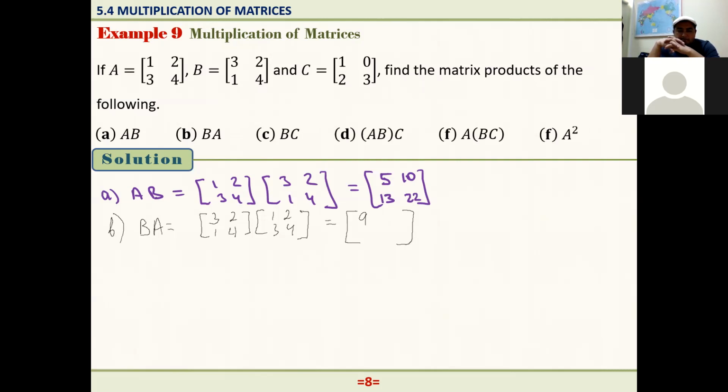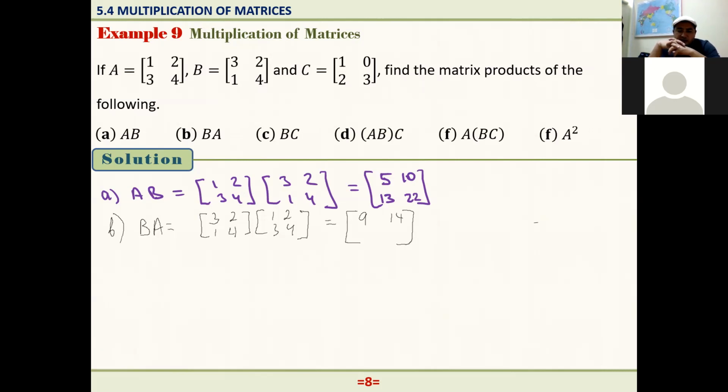Okay. 3 times 2 is 6, 2 times 4 is 8. The sum is 14. Okay, now we are done with the first row.